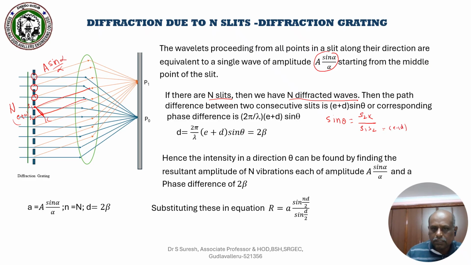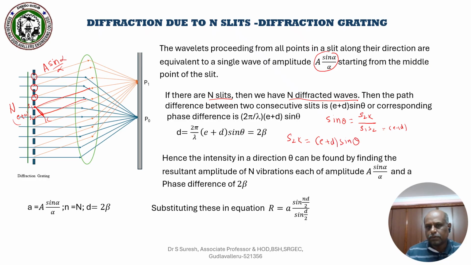First of all, we will talk only about the path difference, then we'll go for the phase difference. So S2K is the path difference, and S2K is equal to e plus d into sin theta.